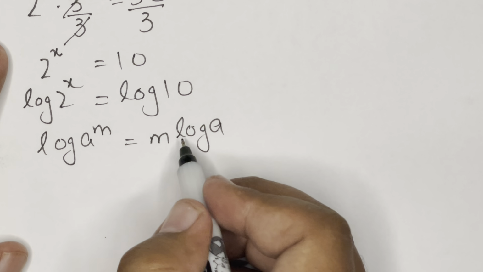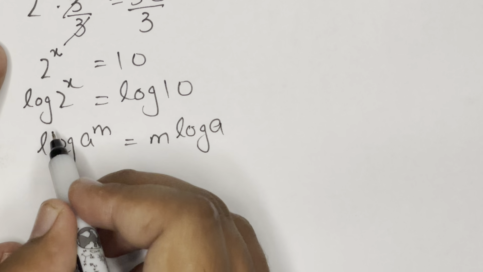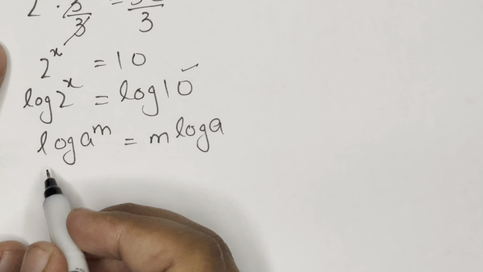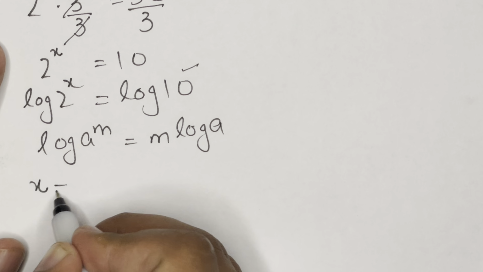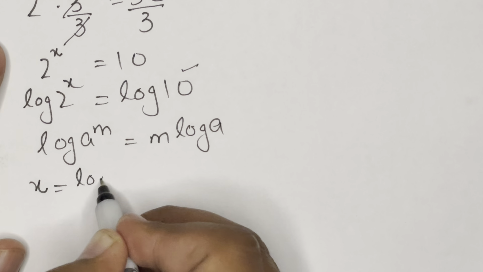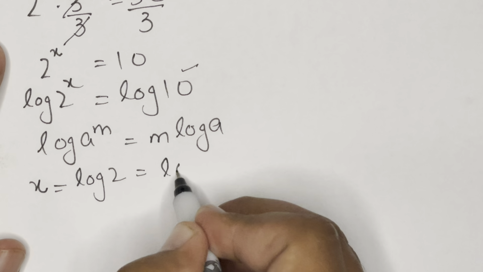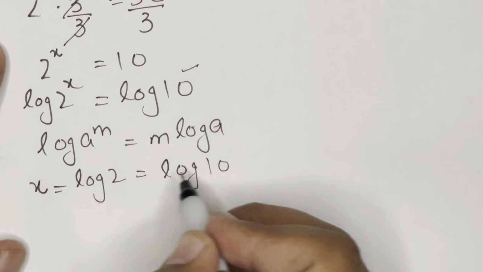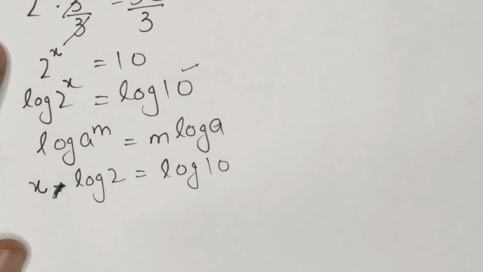This is the rule of log and I am going to implement this law in this equation like that: x log 2 equal to log 10. Sorry, this is not equal, this is multiply.